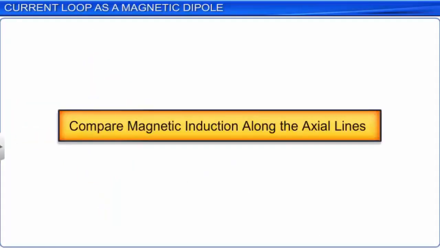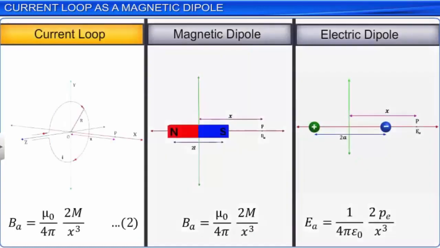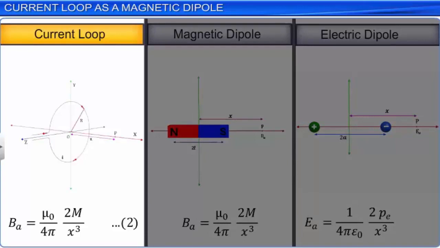Now, let us compare the magnetic induction along the axial line of the circular current loop with the field strengths of the magnetic dipole and the electric dipole at points along their axial lines. We know that the magnetic induction along the axis of the circular current loop, B_A, is equal to μ₀ by 4π into 2M by x³.